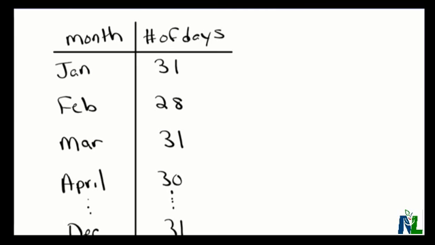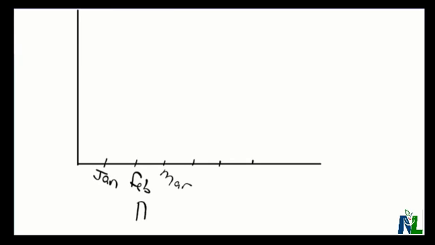To write this as a graph, we would have to create our axis. On our horizontal axis, our months would go on the horizontal. So January, February. So this would be our month.